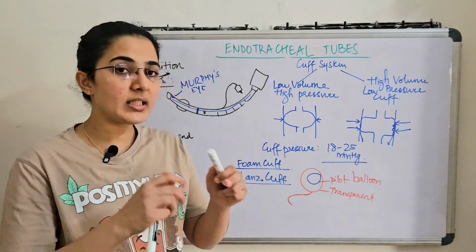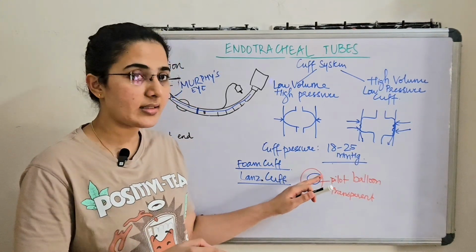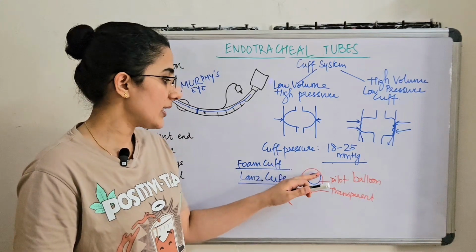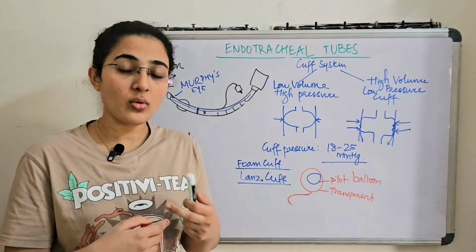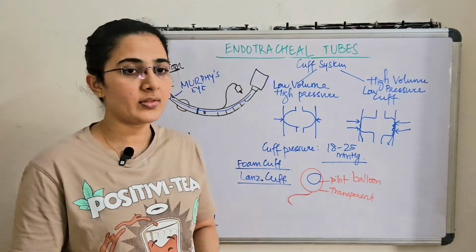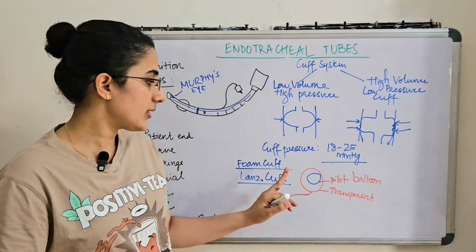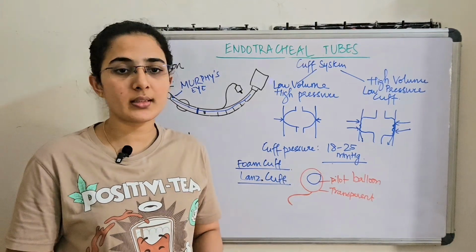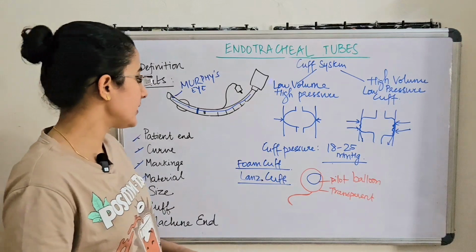So the pilot balloon keeps on inflating till it almost touches the transparent sheet, and that's when the pressure is equalized. So this also in a way helps us to prevent overinflating the cuff. The Lanz cuff is another type of special cuff which is present in certain types of tubes.